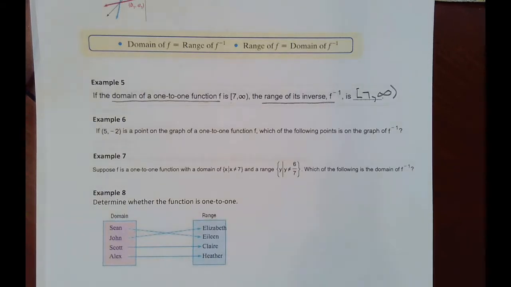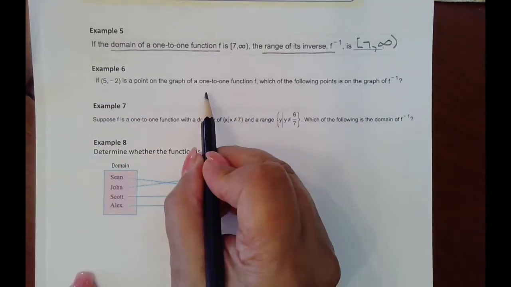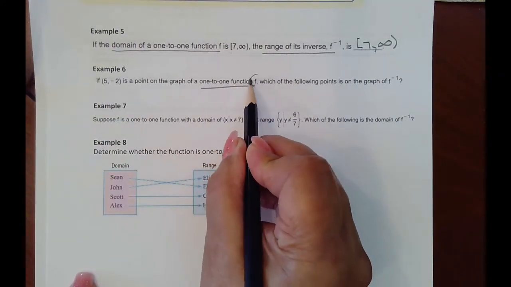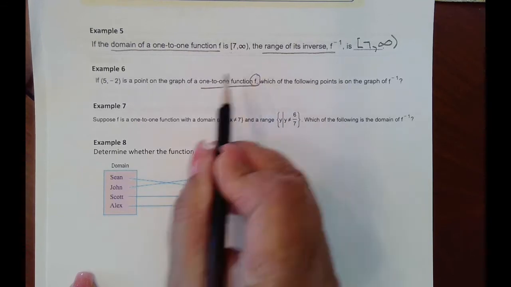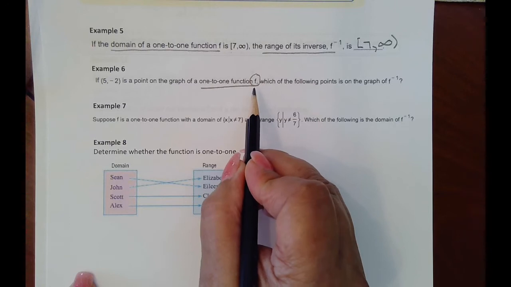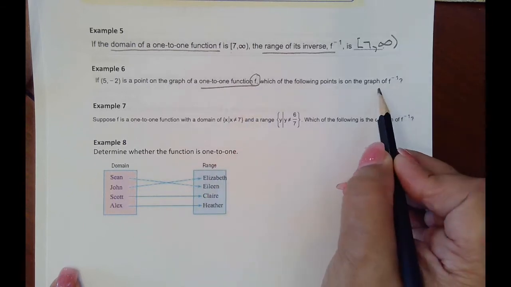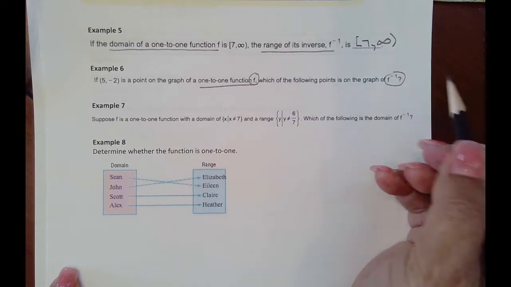Going on to example 6. Another example of understanding the relationship between the points on the original function and the points on the inverse. Here is a point on the original function f. If you know this is a point on the graph of the original function, then what can you be sure of as a point that belongs to f inverse?